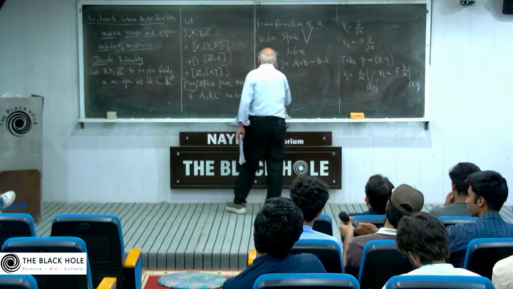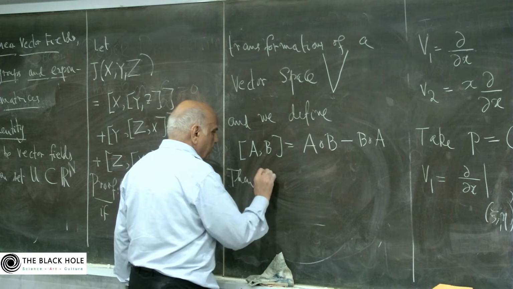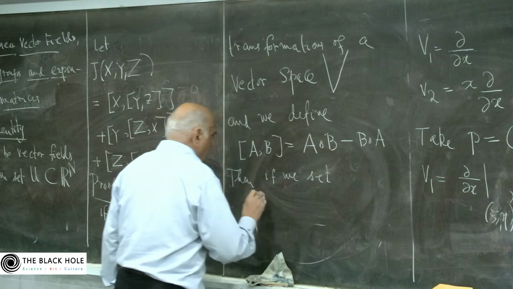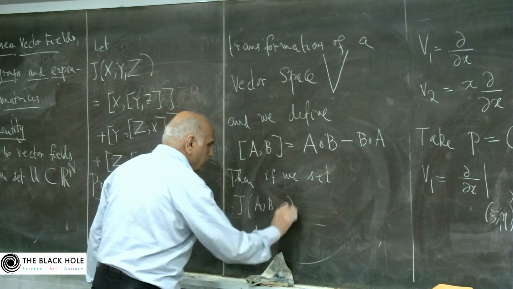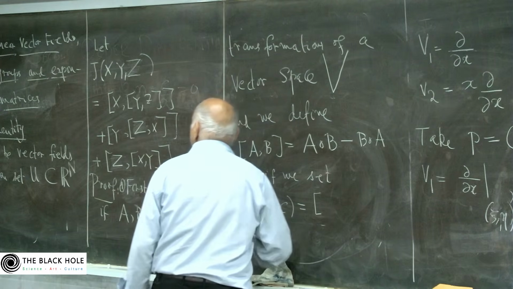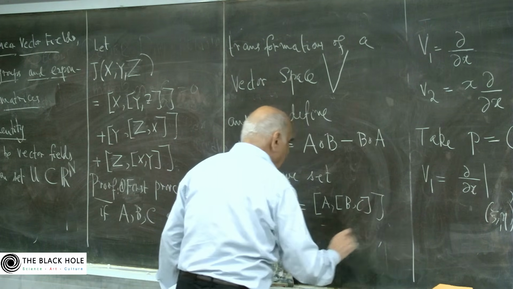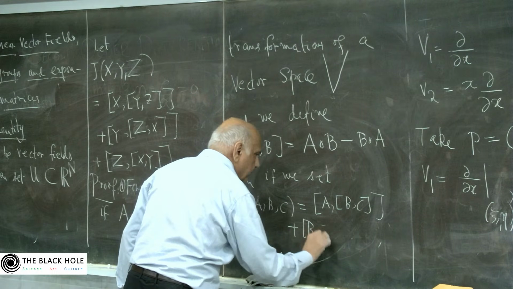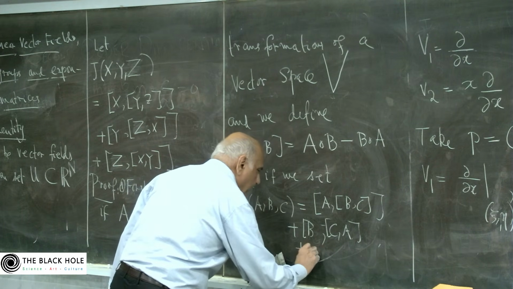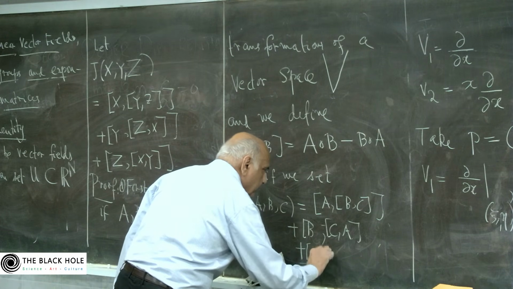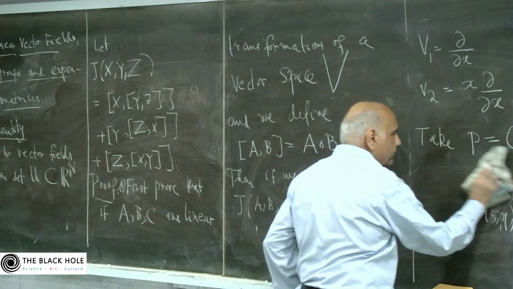Okay. Then if we say J of A, B, C is equal to A bracket of B, C, plus B bracket of C, A, plus C bracket of A, B, a computation shows that J is 0.